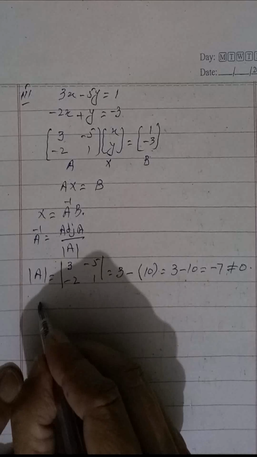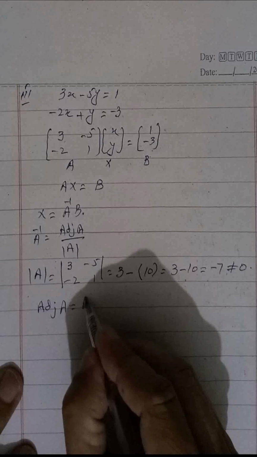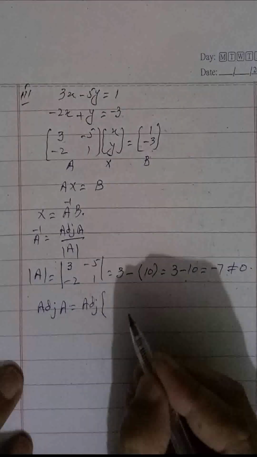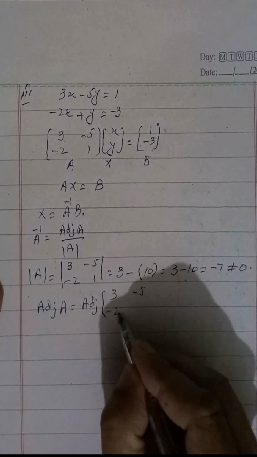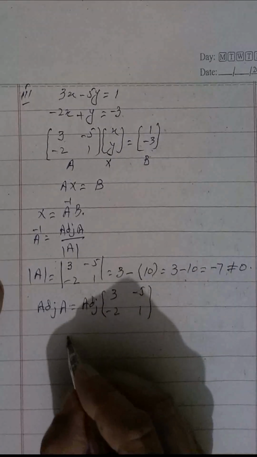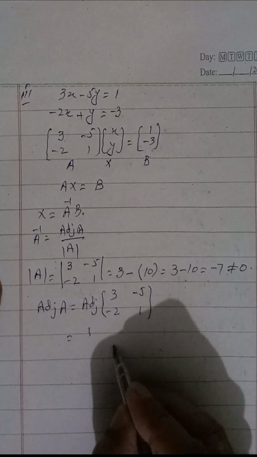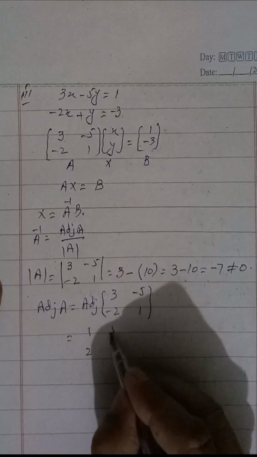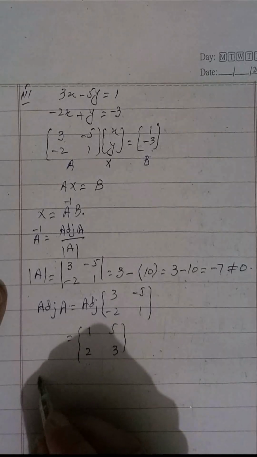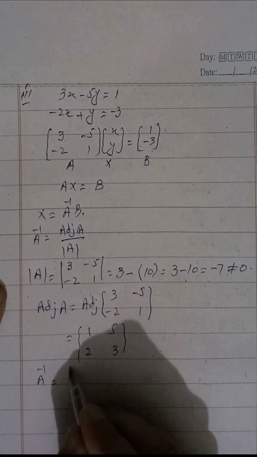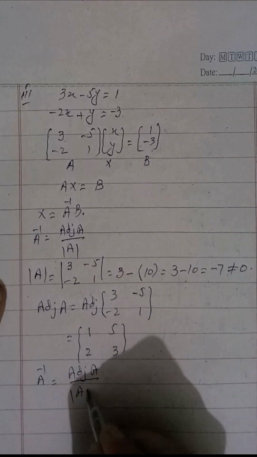Now we find adjoint A. Adjoint A matrix is from [[3, -5], [-2, 1]]. Applying adjoint to the matrix, we get [[1, 5], [2, 3]]. This is adjoint A. Now A inverse is equal to adjoint A over A determinant.